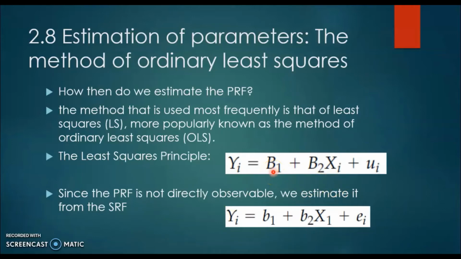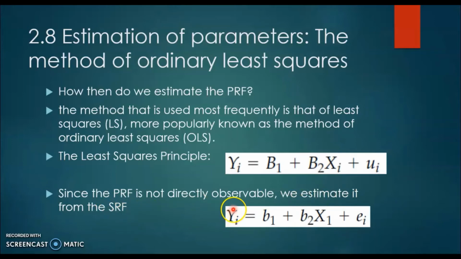Recall that based on the simple population regression function as shown here, the dependent variable yi is equal to beta 1 plus beta 2 xi plus the error term value, or ui. And since the population regression function is not directly observable, we estimate it from the sample regression function.